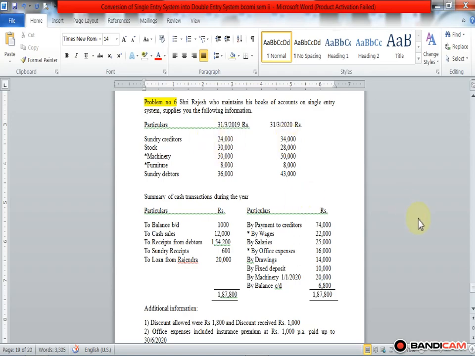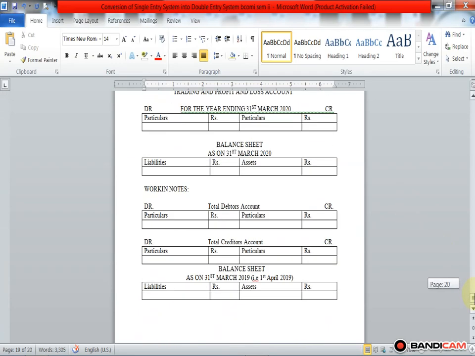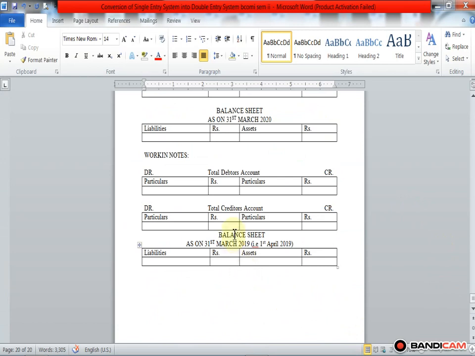So opening balance is transferred to, so here we prepare a working note. On creditors account we transfer a balance, opening balance, that is by balance brought down, amounted to rupees 24,000.